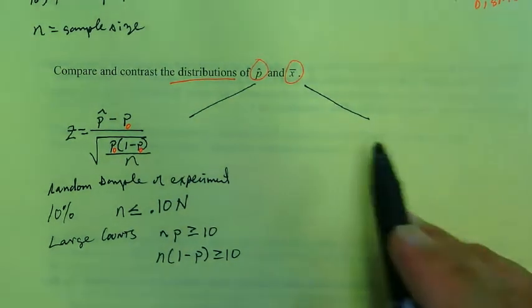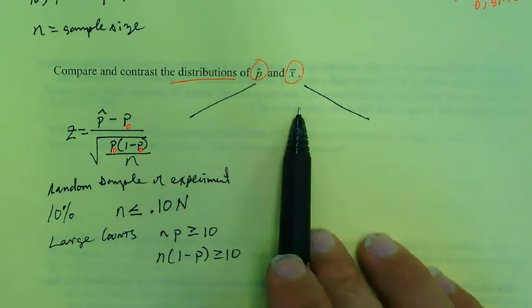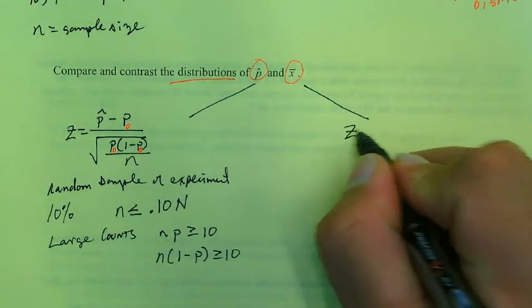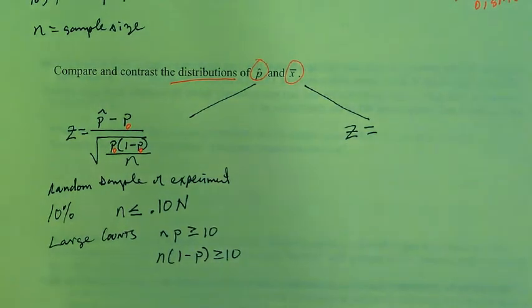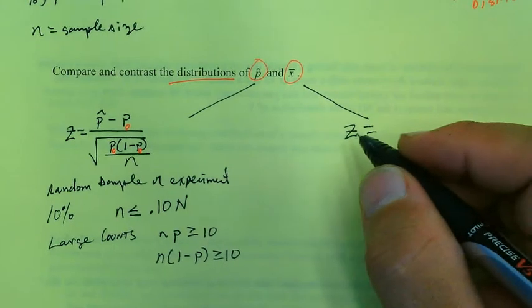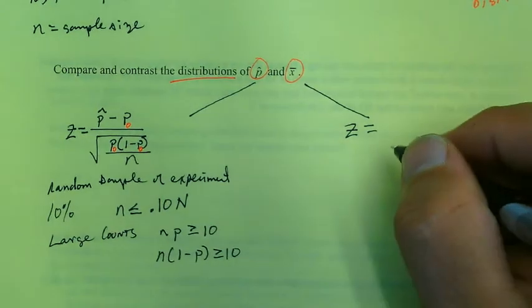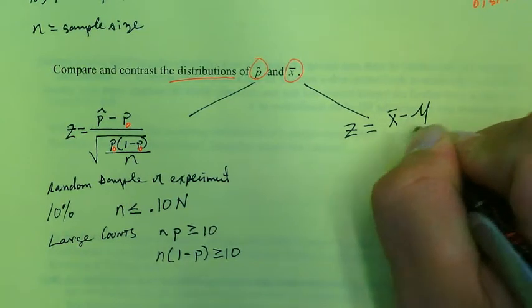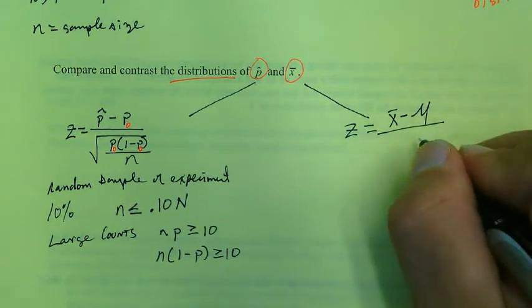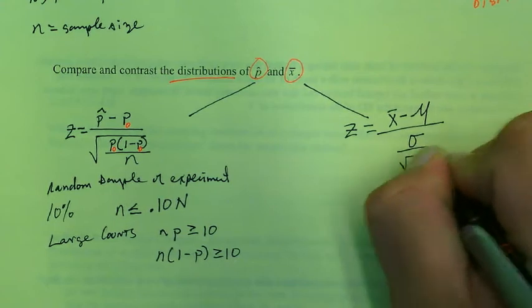Okay. For X bar, what do we have? We do have a z-score, though more commonly we'll use something else called a t-score. And for that z, we're going to have x bar minus mu all over sigma over the square root of n.